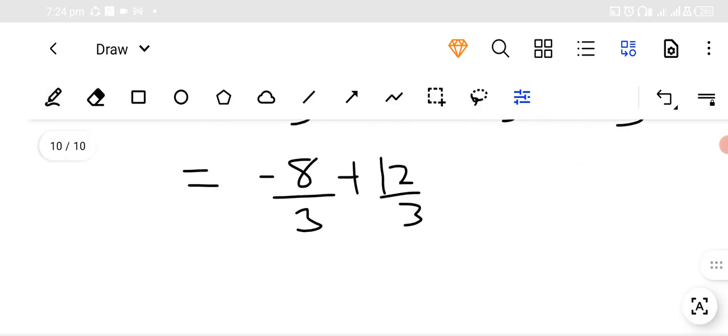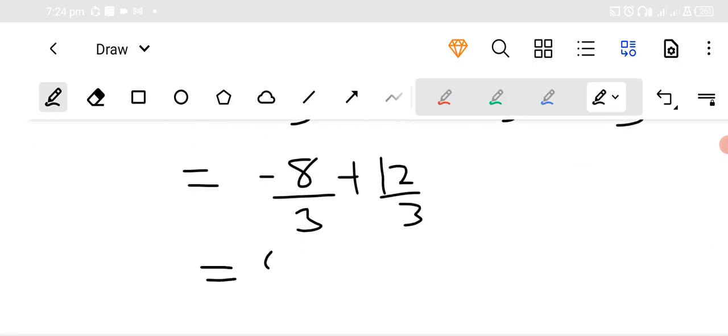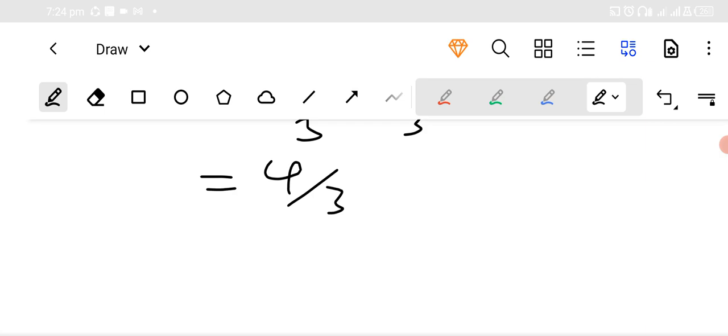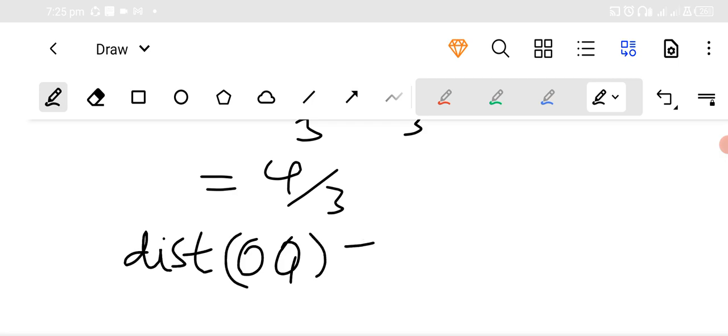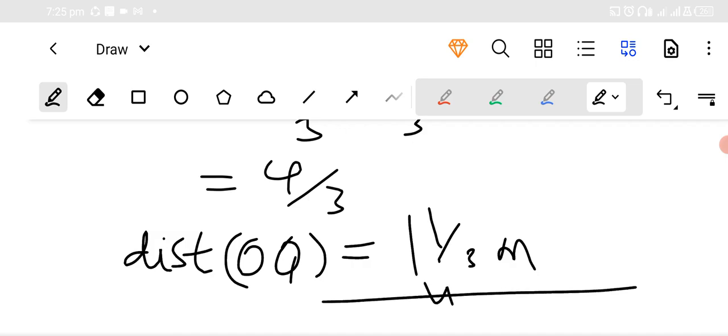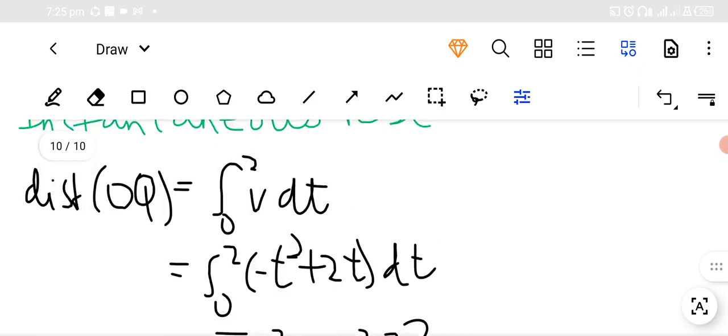We are going to have 4 over 3. And then distance OQ is going to be equal to 1 and 1 over 3 meters. Simple as that.